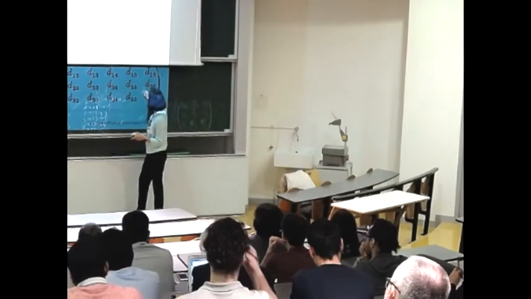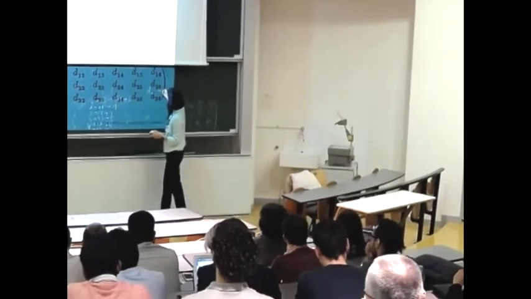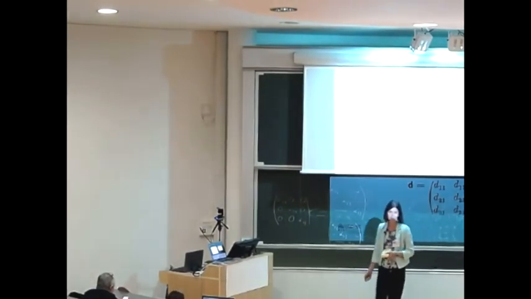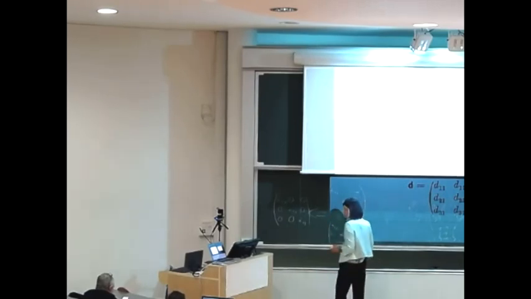So D11 will go to -D11. D12 will go to -D12. D13 will go to -D13, and so on. Each member will go to its -1. And that's why centrosymmetric materials have no piezoelectricity. It's 0.